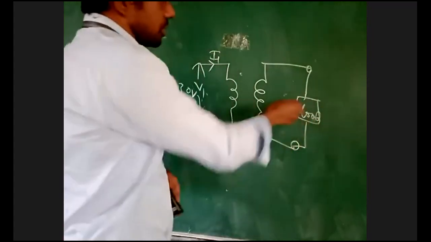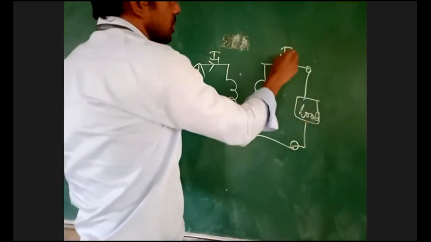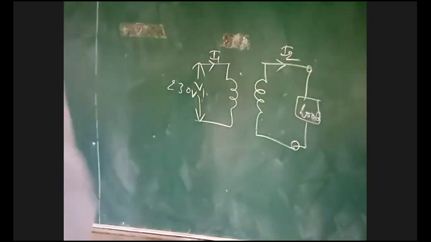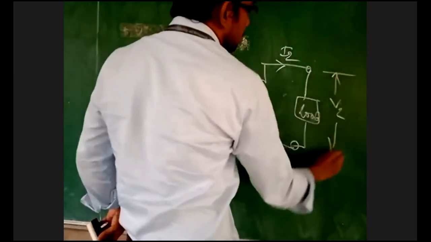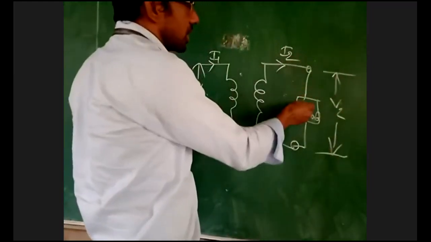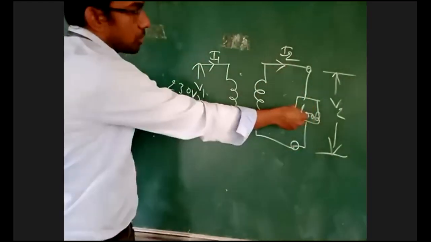This is the load. When load is connected, your current will flow, and voltage across the load is V2. When current is flowing in the load, some voltage is dropped in the load.